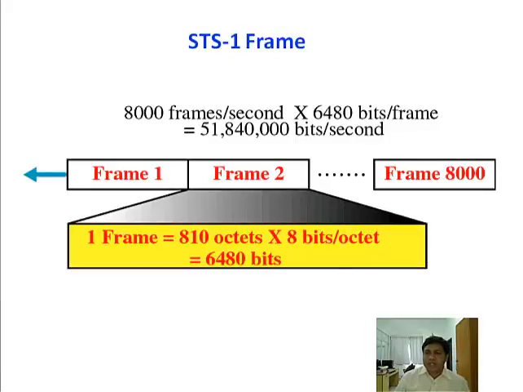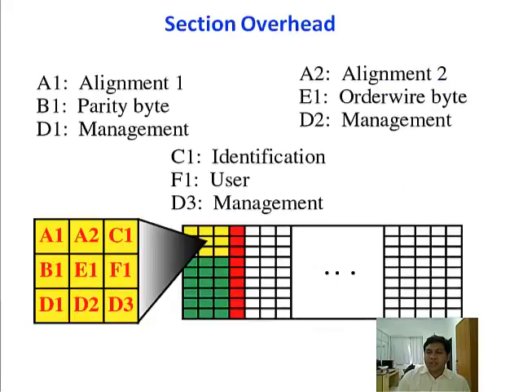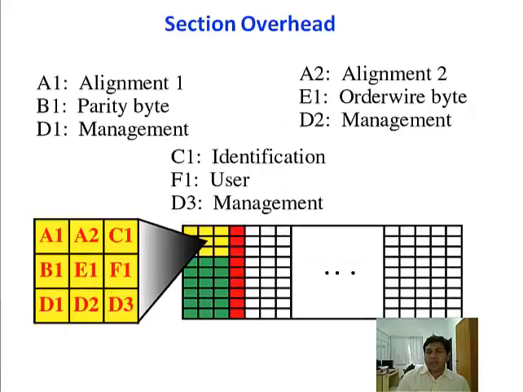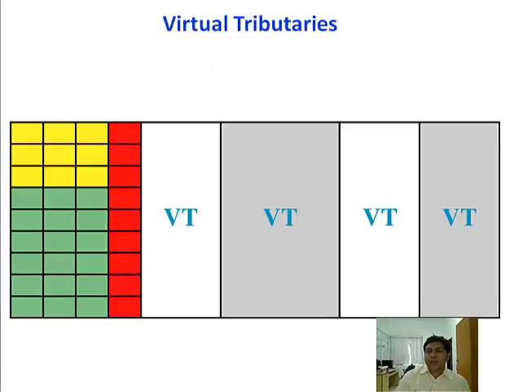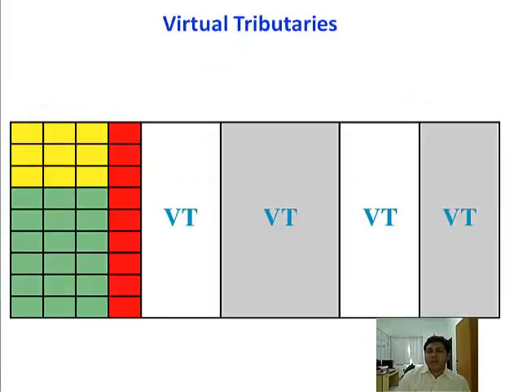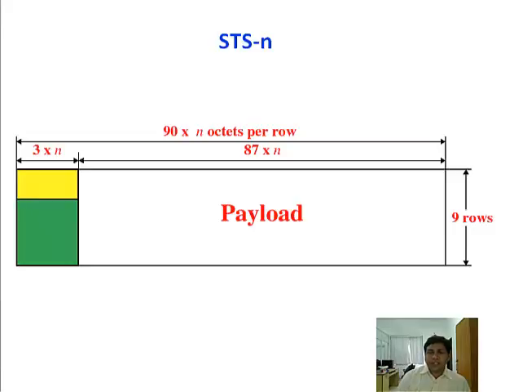So this is the size of the STS-1 frame or STS-n frame. This is the overhead, and we have three overheads: section overhead, line overhead, and path overhead. And these are the different pointers, and we have virtual tributaries, and then we have STS payloads, which we have calculated, STS-n.